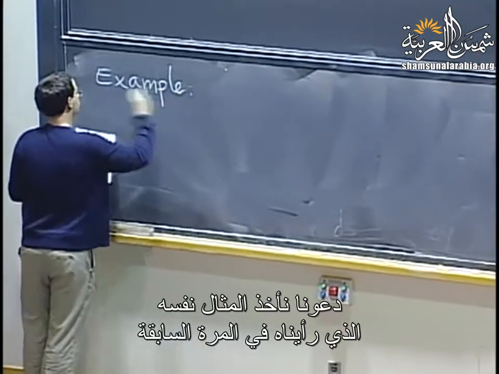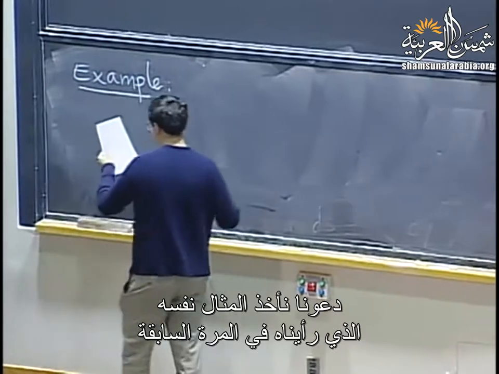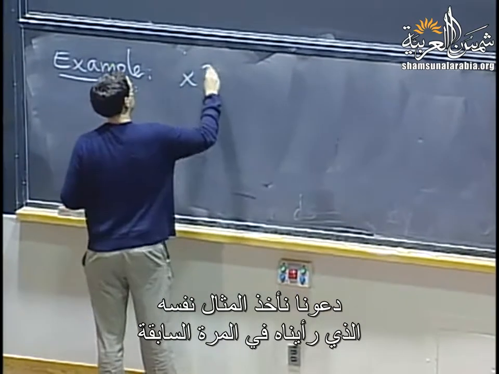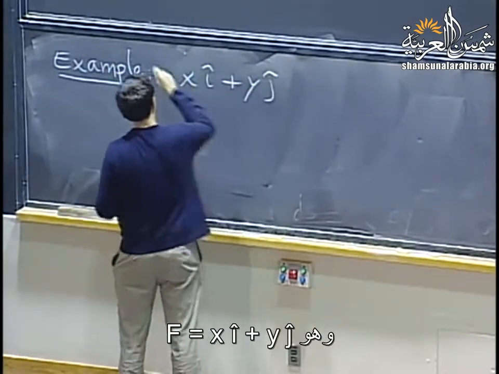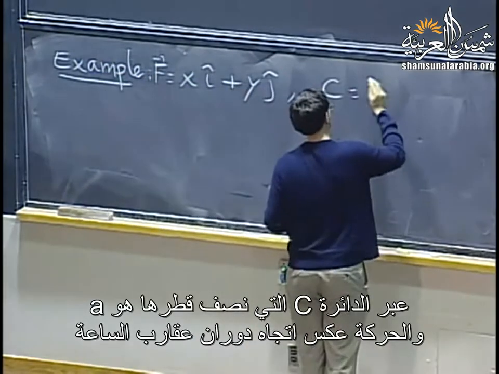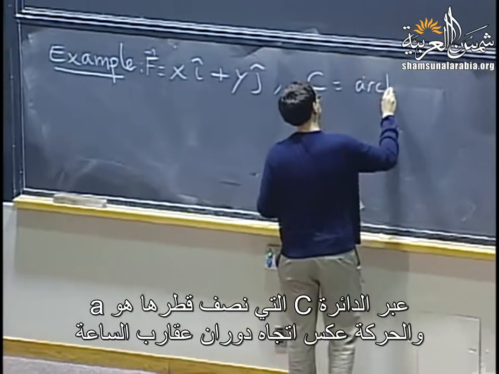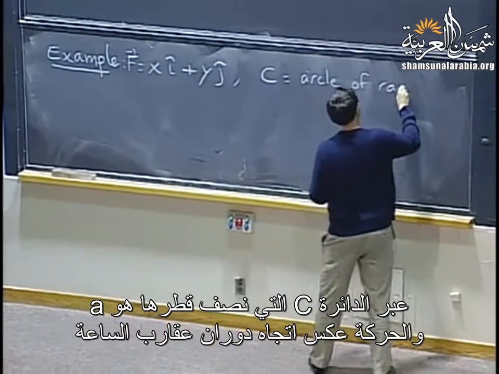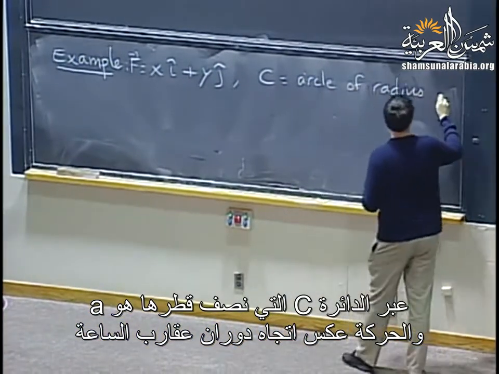So example. Let's take the same example as last time. So x i plus y j through C, the circle of radius a, counterclockwise.